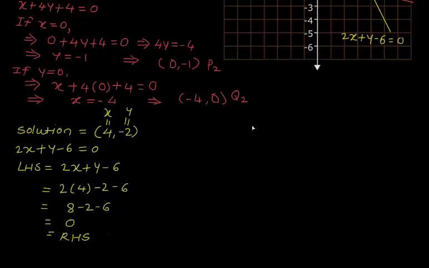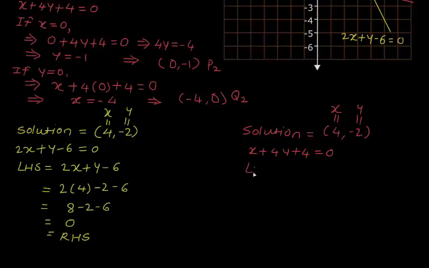Now let's check the solution 4, -2 against the second linear equation as well. So we are going to check the values 4, -2 against the linear equation x plus 4y plus 4 is equal to 0. Here x will have value 4 and y will have value -2.